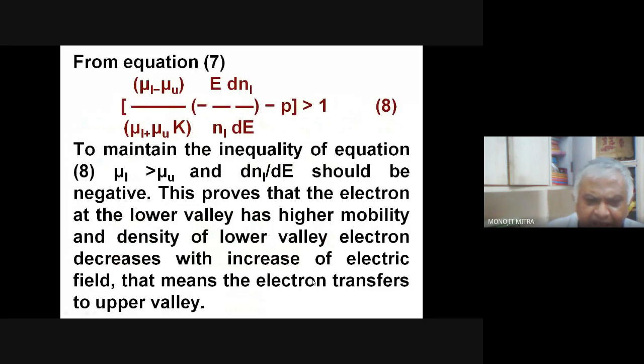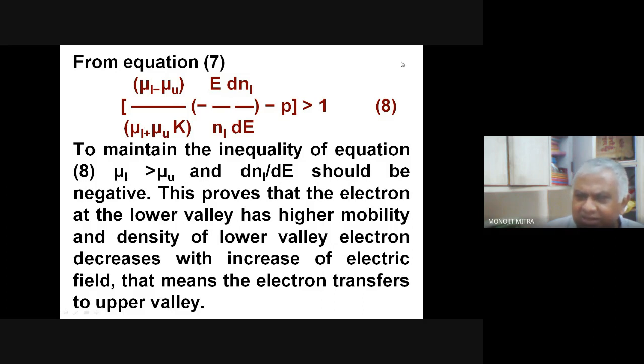And now I hope you can understand that in order to get this transfer electron effect, multiple valleys are needed. That is why a compound semiconductor is required, because only compound semiconductor materials have multiple valleys, that means a lower valley, an upper valley, or any other valley in the conduction band. It is not like an elemental semiconductor, which has one valley in the valence band and another in the conduction band.